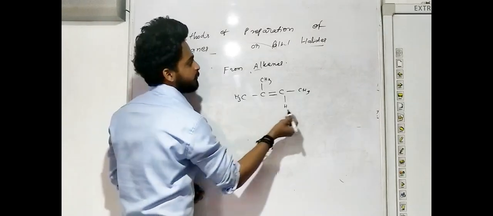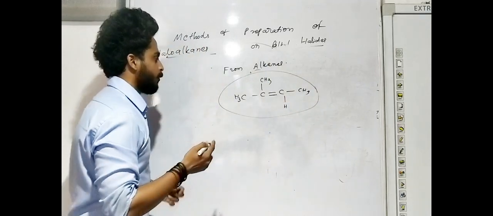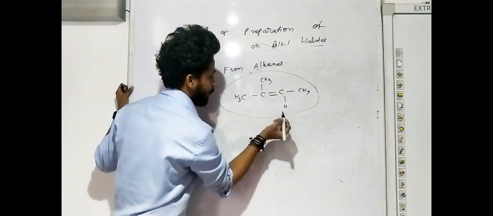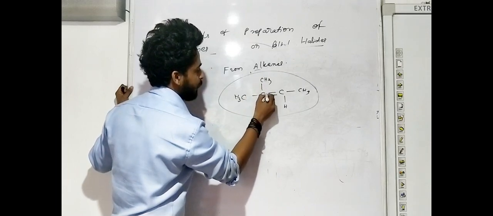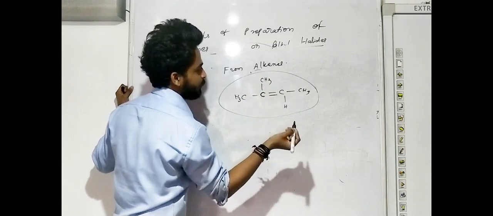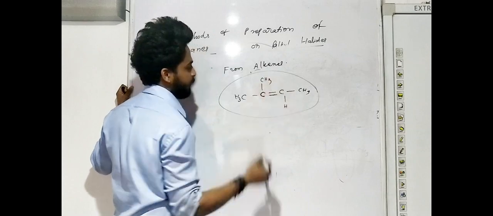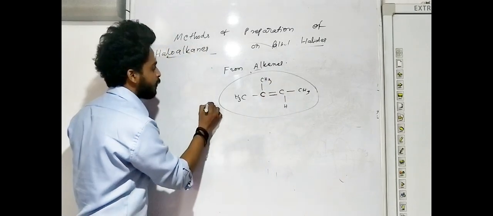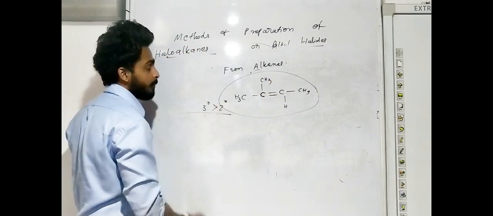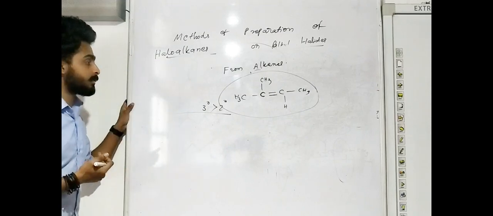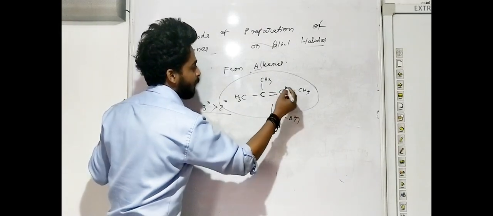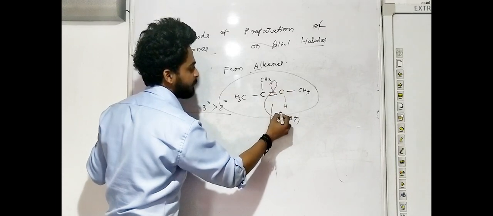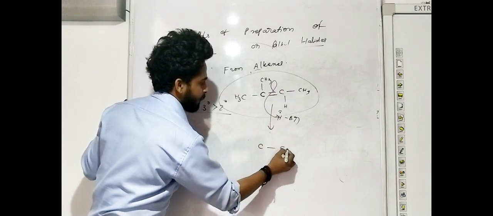An example of an unsymmetrical hydrocarbon. So here we know this is 1, 2, 3, 4. Here it is a tertiary carbon, and here it is secondary. So you know by the Markovnikov rule, tertiary is more stable. A tertiary carbocation is more stable than a secondary carbocation. So if you are treating this compound with HBr, what will happen? This will take this H plus to form C–H.